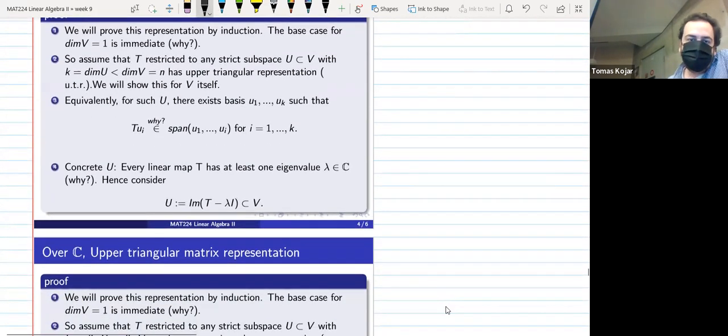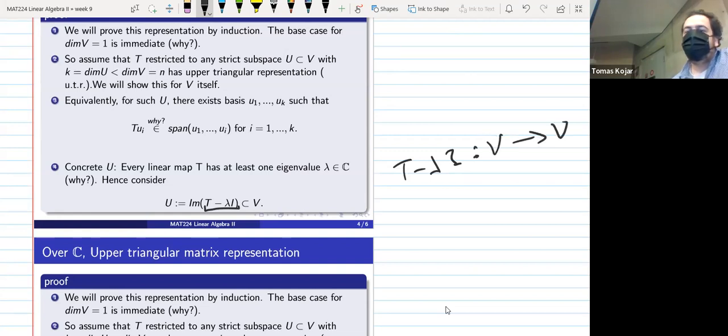So what is this U? You take the image of this map, T minus lambda I, that goes from V to V. This map is interesting. Why is it interesting? What do we know about the kernel of T minus lambda I? What is it? No, but we know something specific.